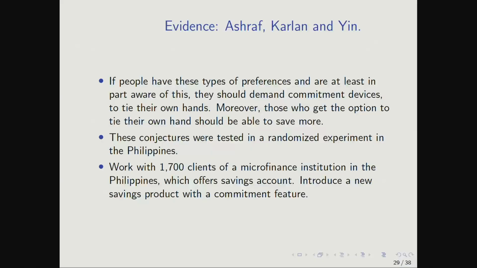Very quickly, you read the paper, and it's pretty self-explanatory, but it's nice in the context of this model. This is the first paper to set up an experiment for a demand for commitment. It's a very imperfect paper, as many of you have pointed out, starting with the fact that the results are pretty mushy, because the savings marketing has in fact almost as large an impact as the demand for commitment.